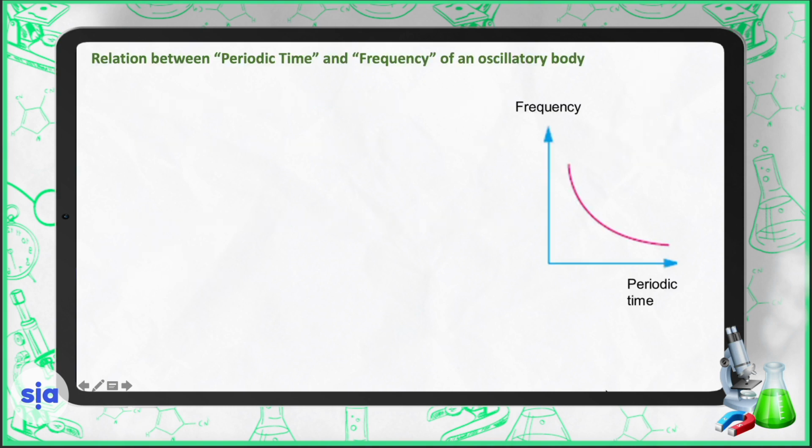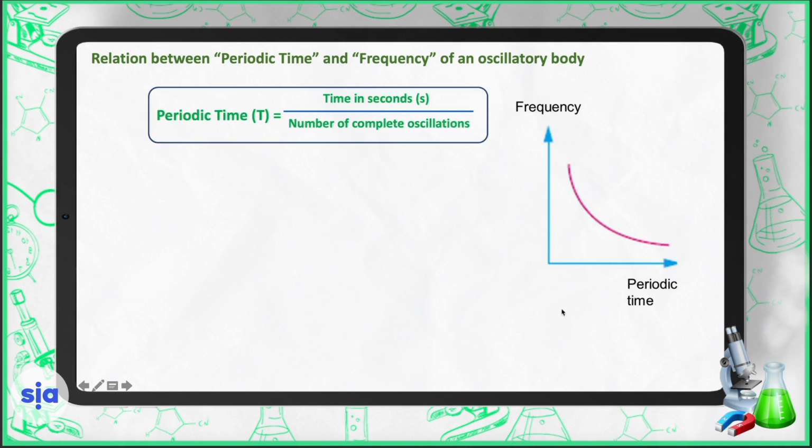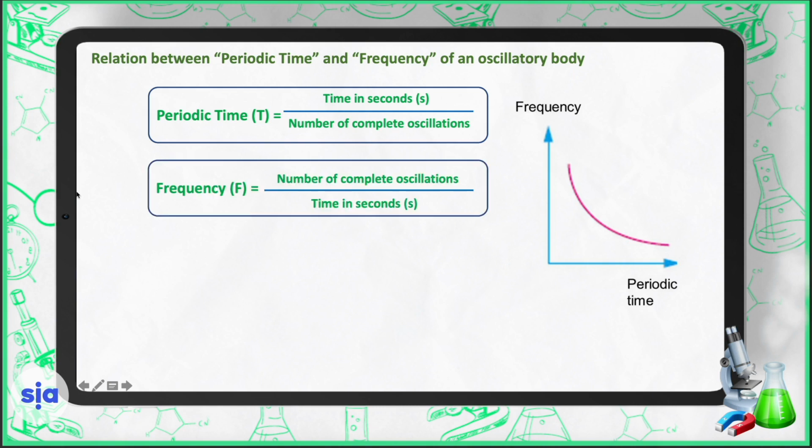Notice that the relation between the periodic time and the frequency of an oscillating body is inversely proportional. Knowing that the periodic time equals the time in seconds divided by the number of complete oscillations, and the frequency equals the number of complete oscillations divided by the time in seconds.